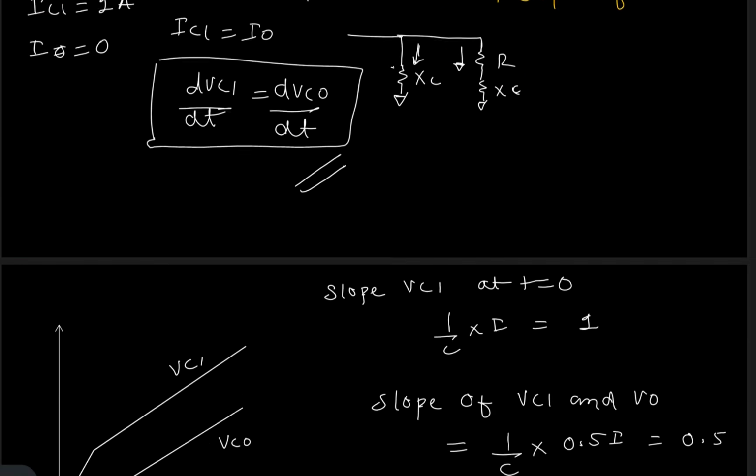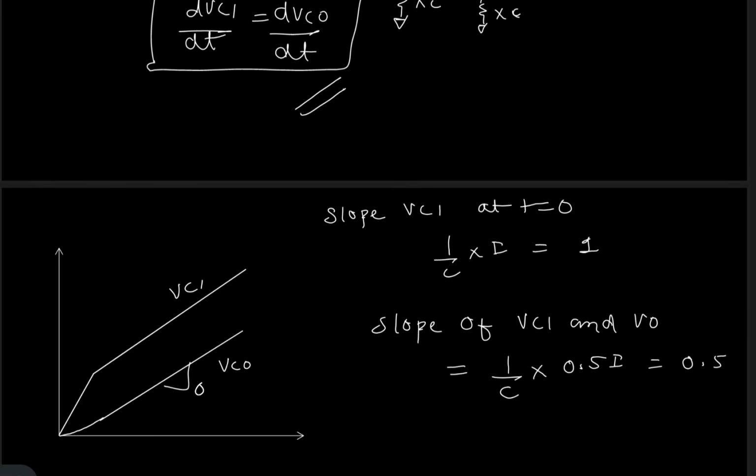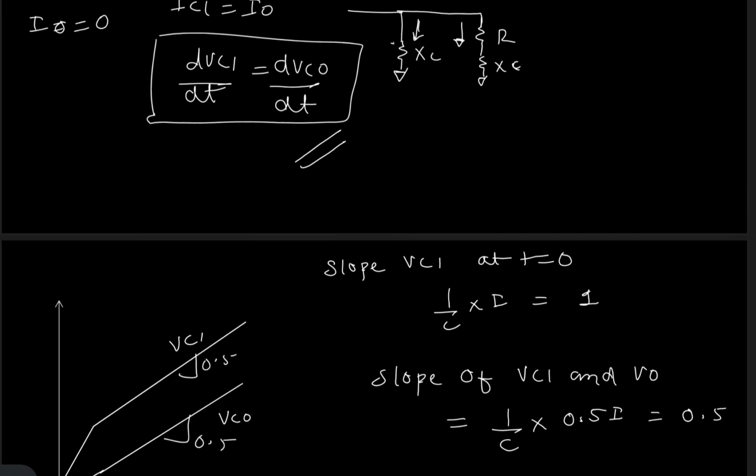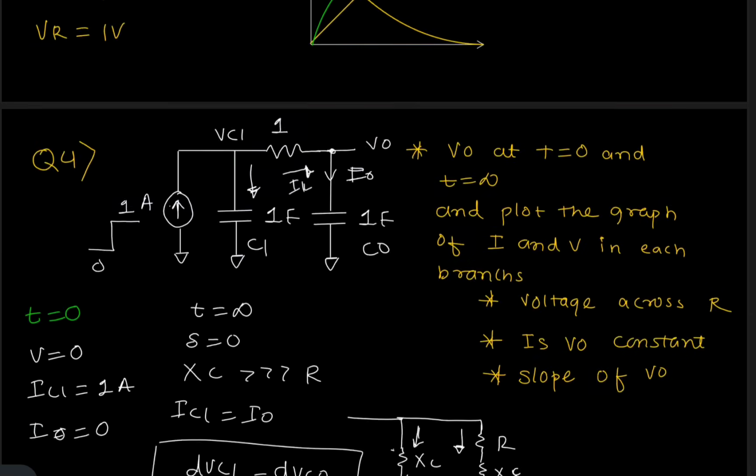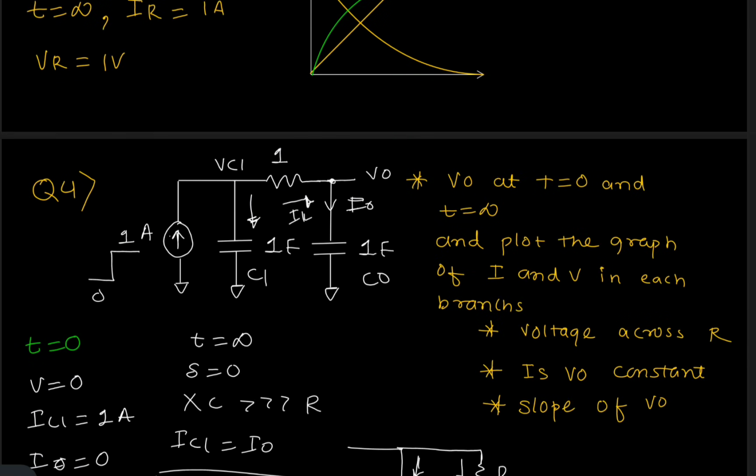So now they have asked, this slope is 0.5 and this slope is 0.5. So what is the difference of these two? The difference of these two will be the VR. So what is VR?